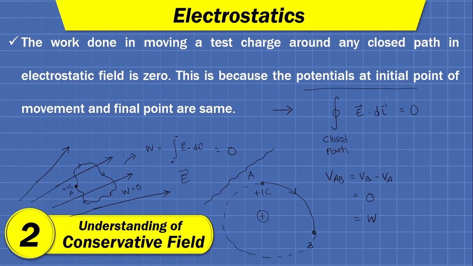This is the condition for any field to be conservative, and if a field satisfies this condition, then we can say the electrostatic field is always conservative. We have already seen the two cases and proved that in both the amount of work done is 0. And if it is so, then the electrostatic field can be referred to as a conservative field.